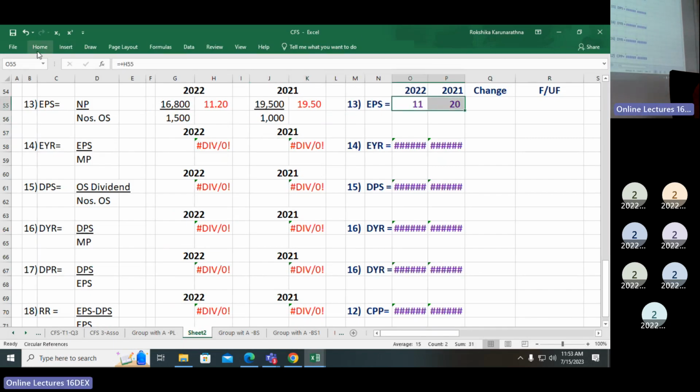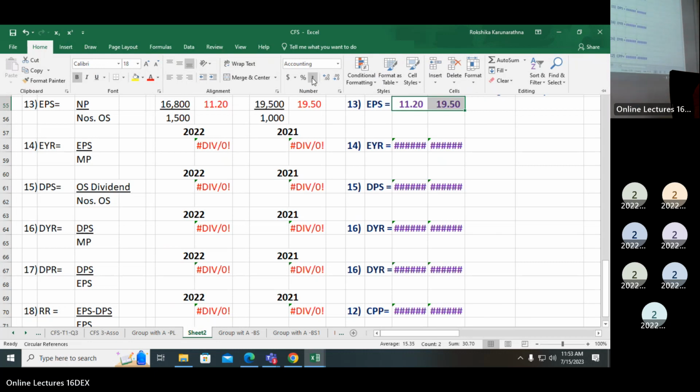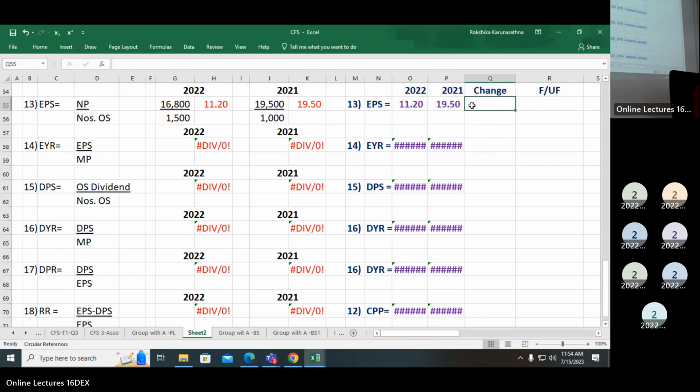So you will get, now there's a decrease in earning per share, which is unfavorable from investors' perspective, right?